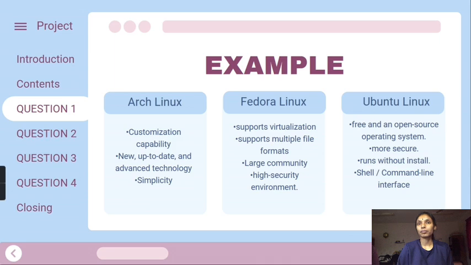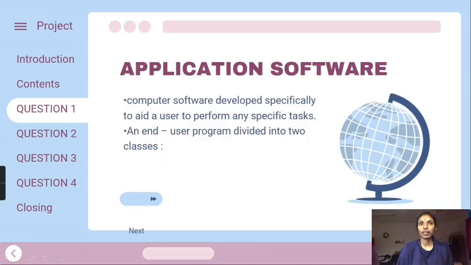The last example, Ubuntu Linux: free and open source operating system, more secure, runs without install, shell, command line interface. Application software is computer software developed specifically to aid a user to perform any specific task.